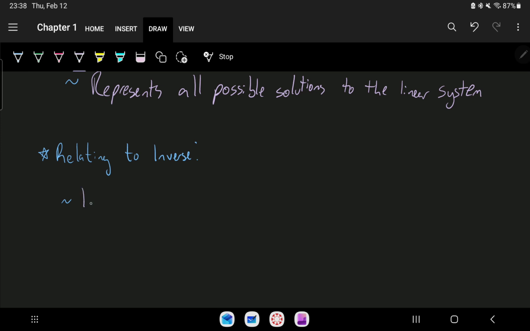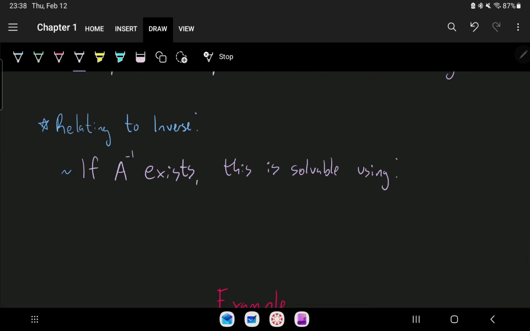So, once again, if A inverse exists, then just to reiterate, we can solve this the same way that we did before, right? Except it's a little more trivial now.